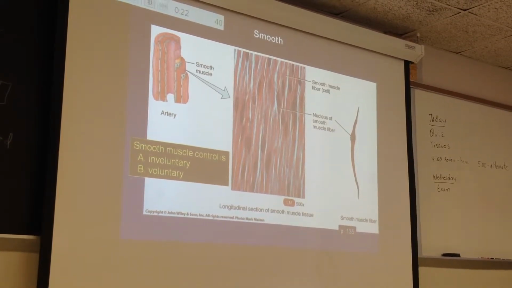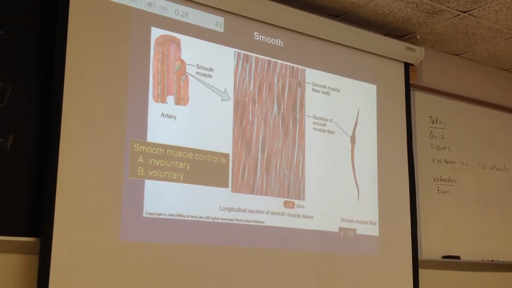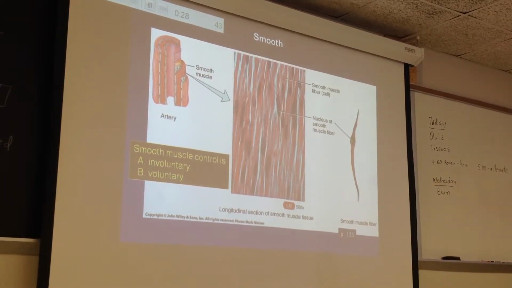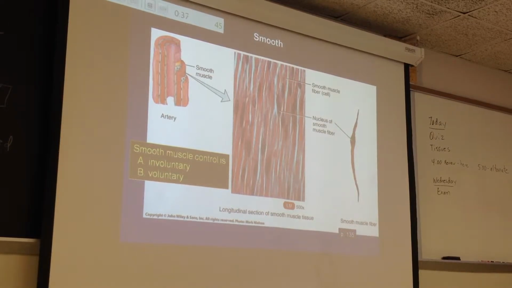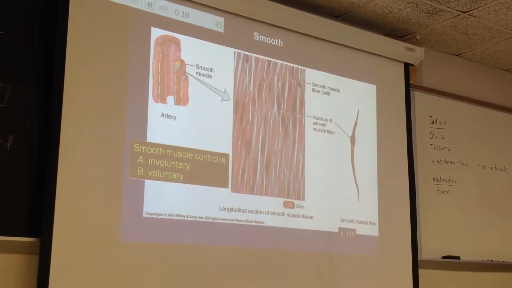And the specific type we're talking about is smooth muscle in organs. It'll be the same for everything for smooth muscle. It would be the same whether it's in the wall of an artery, or the stomach or small intestine, or uterus or reproductive tract, or urinary tract.